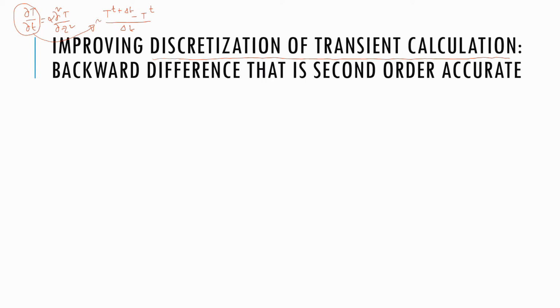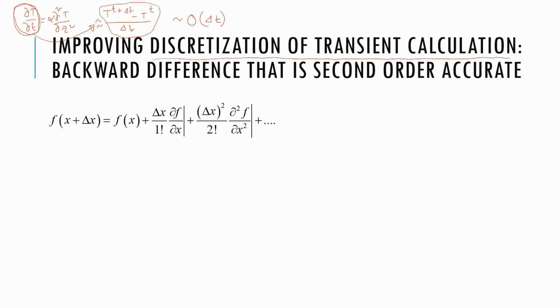This is an approximation of the derivative. Now this approximation of the derivative is first order accurate, which isn't great. Maybe we can improve. There are ways to improve these calculations. That's what we'll see now. So we will come up with another formula for this time derivative that is second order accurate.